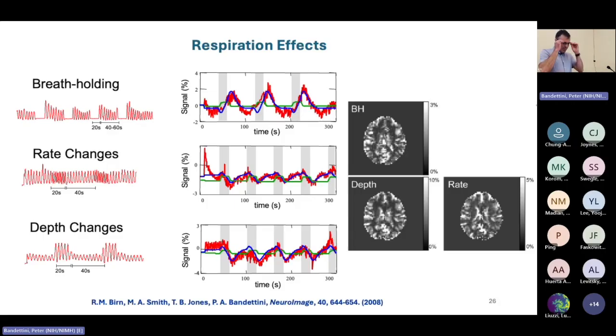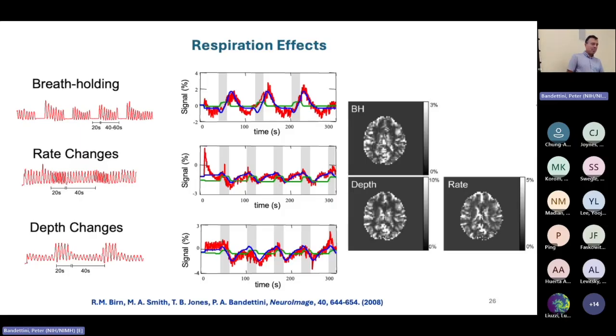One thing that I didn't include that I don't want to get into is that the next logical step was to get rid of all the breathing effects by measuring your breath with the bellows and then regressing that out. Or maybe even trying to do something fancy where you convolve that with the kernel to predict the BOLD breathing response.